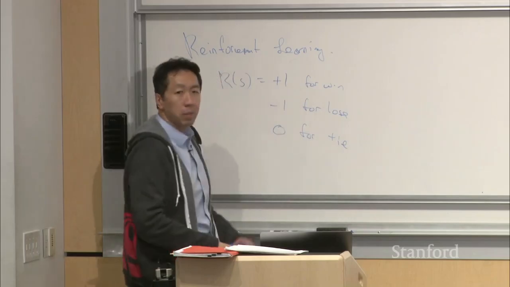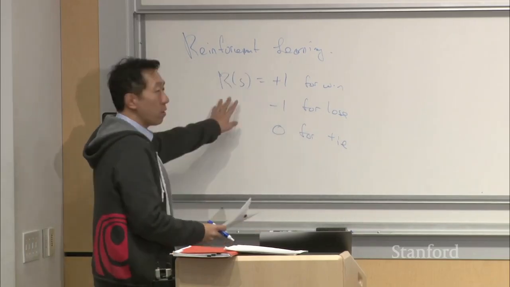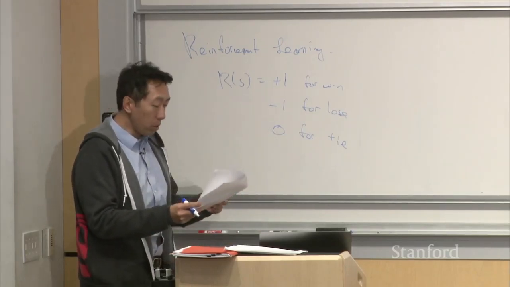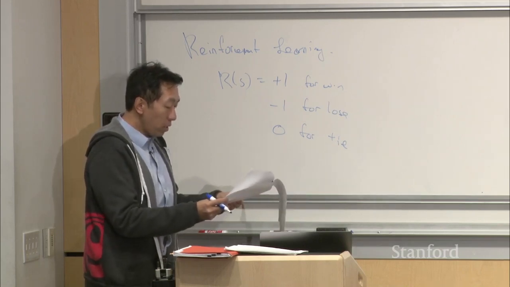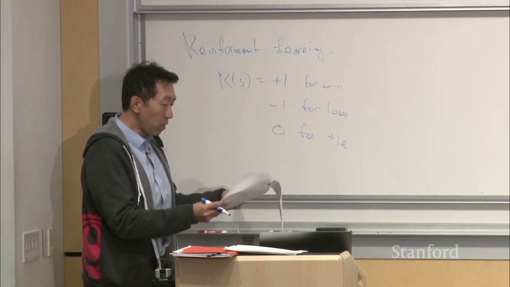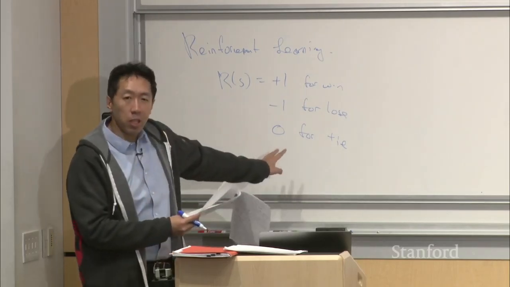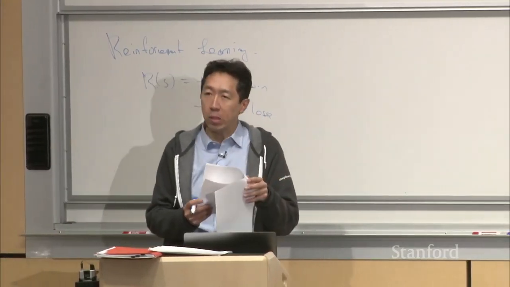Right? So if you write your chess playing program, this will be a common choice of reward, where R is the reward function and S is the state. Okay? And I will go into the notation in a little bit. And so as you can imagine, giving only this type of information to, say, a chess playing program places much more burden on the program to figure out what to do.